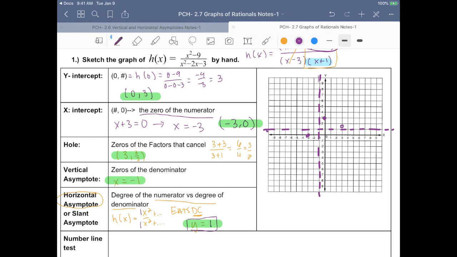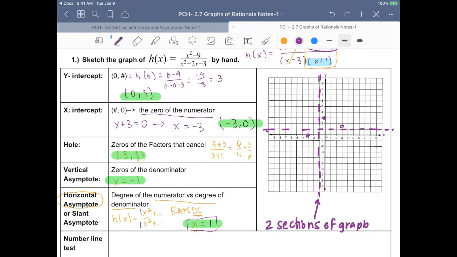And so I know by looking at the way this graph is set up that I'm going to have 2 sections of graph because I only have one vertical asymptote.